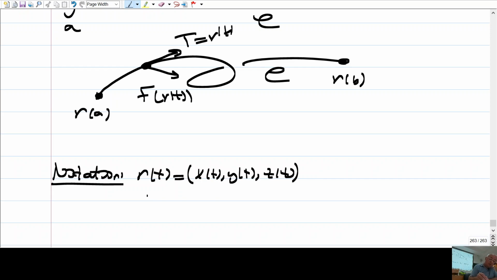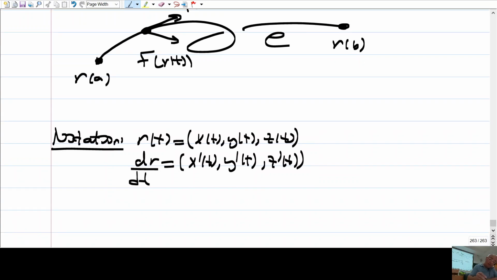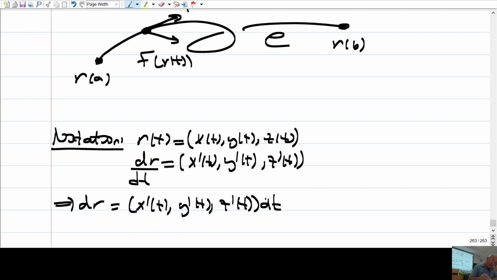Therefore, dr is just dr over dt, x prime(t), y prime(t), z prime(t), dt.